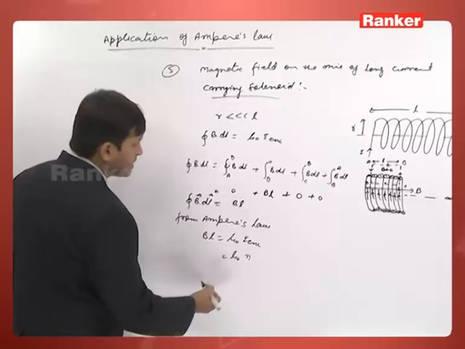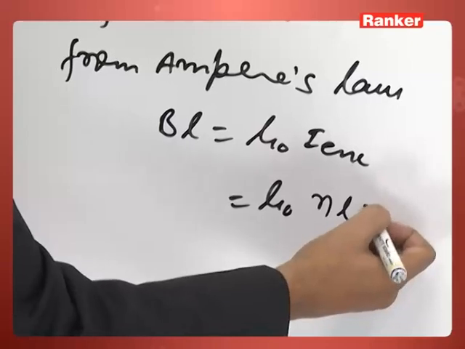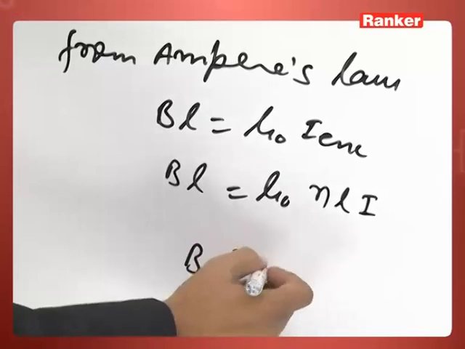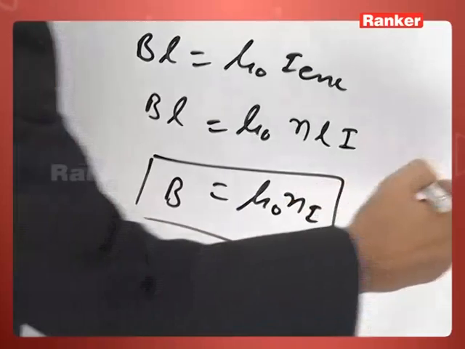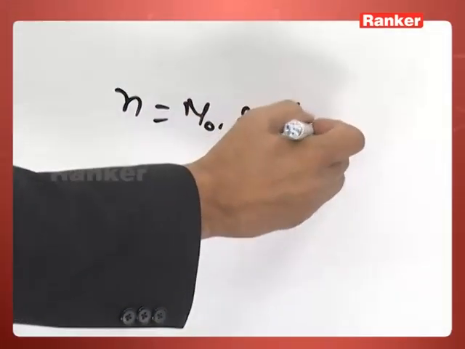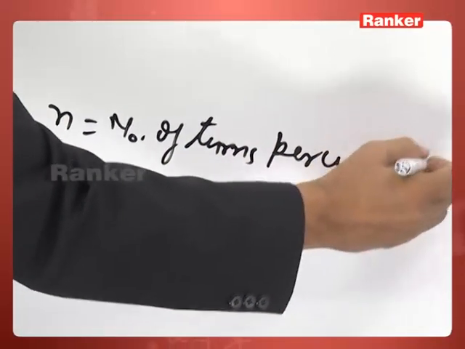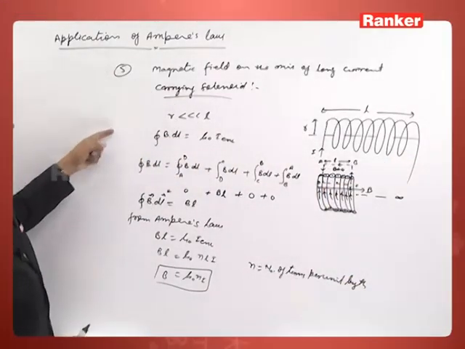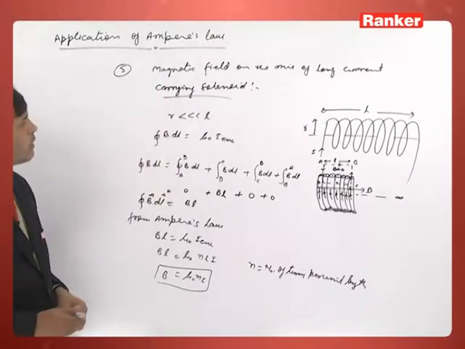We can write n, the number of turns per unit length, into L into I. This is equal to B into L. So B is equal to mu naught n I, where n is the number of turns per unit length. So in this manner, by using Ampere's law, we can easily determine the magnetic field on the axis of a long current carrying solenoid.